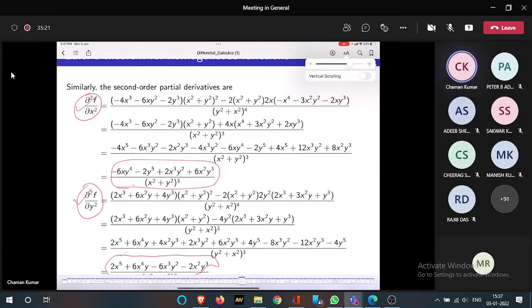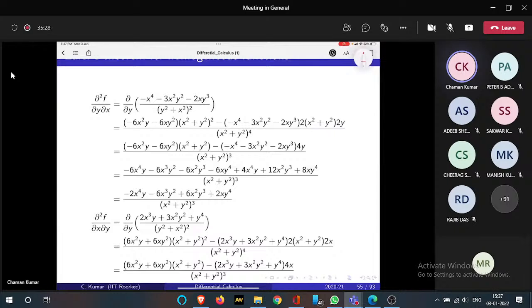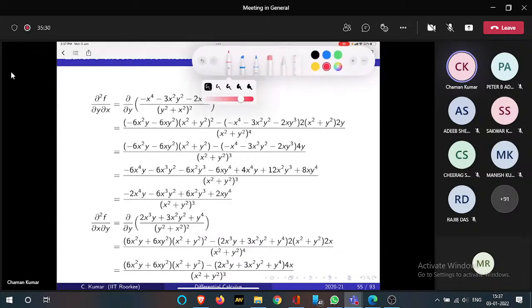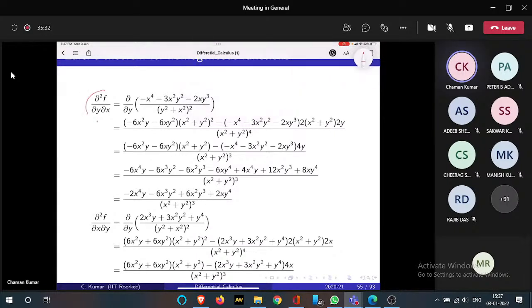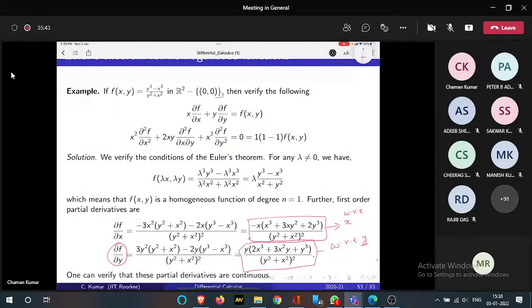And for the mixed order partial derivatives, for example, if you want to calculate this one, here the first derivative is obtained with respect to x. So that we already have. With respect to x, we have this first order partial derivative.